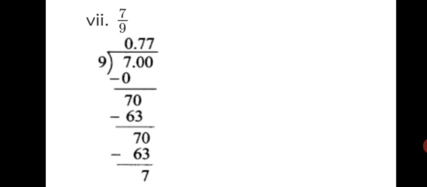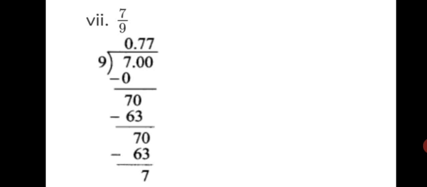Last, 7th sum, 7 upon 9. So we will divide 7 by 9, we cannot. So take a 0 first, 9 zeros are 0. 7 comes down. Now we can take a point after 7 to add zeros. Since a point has come, in the quotient on top also after 0 put a point.